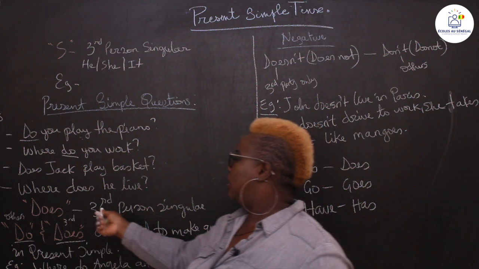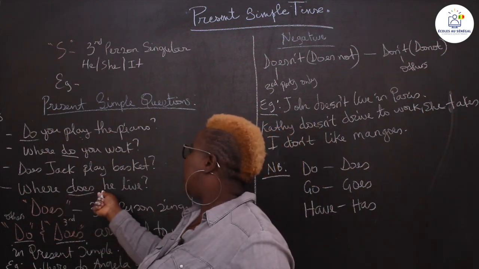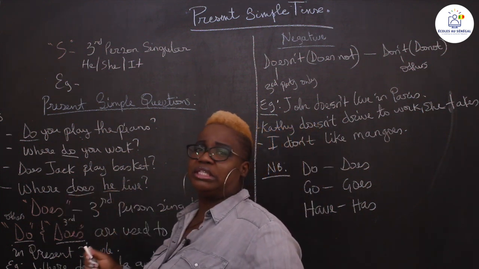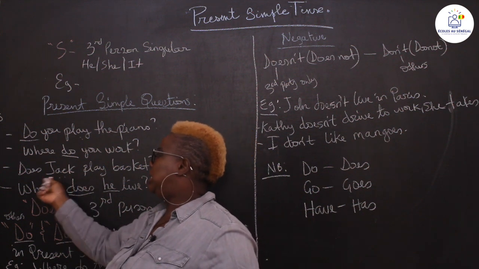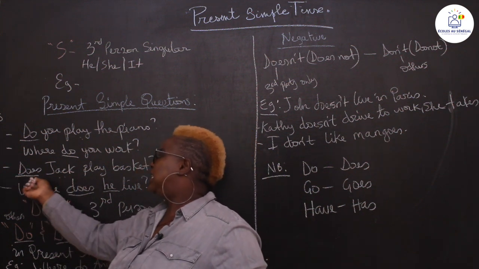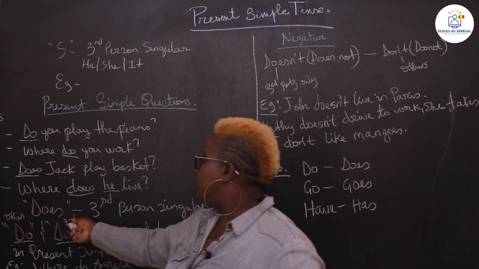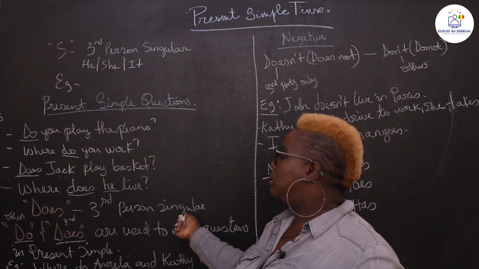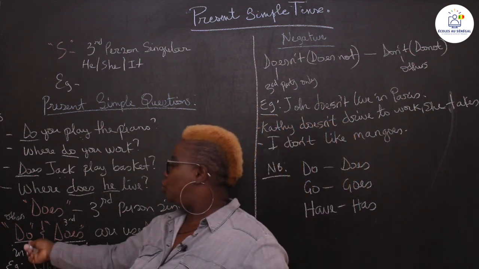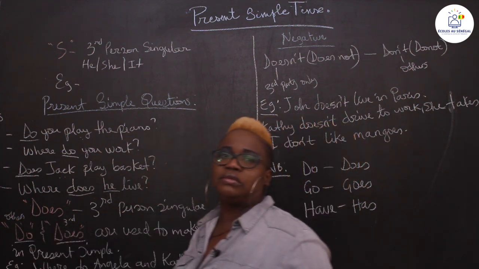Where does he work? Does, because he has a he, third person singular. Jack is a he, so he has does, S, third person singular. So therefore, does is for third person singular, whereas you have the do, which is for others.